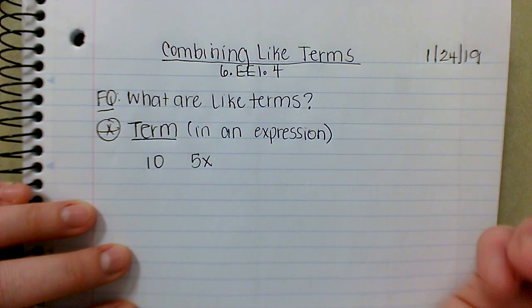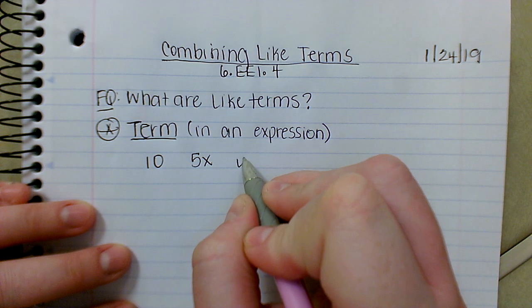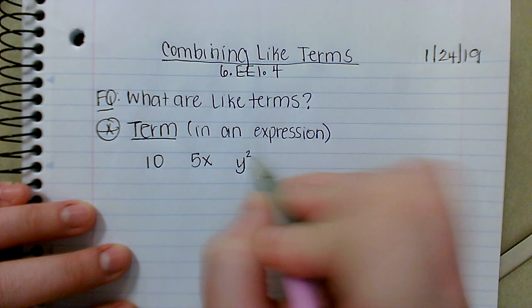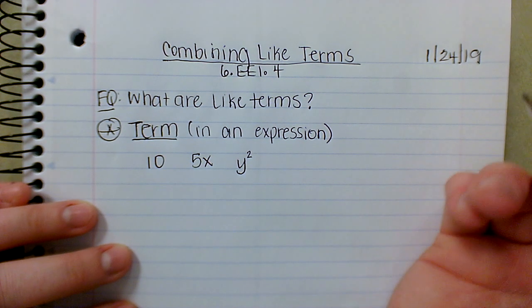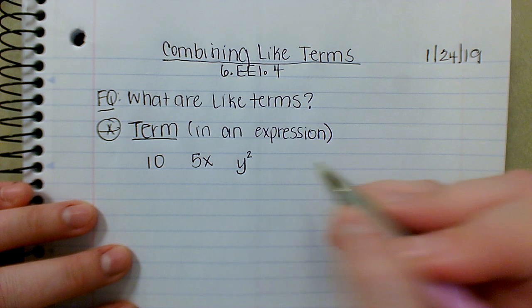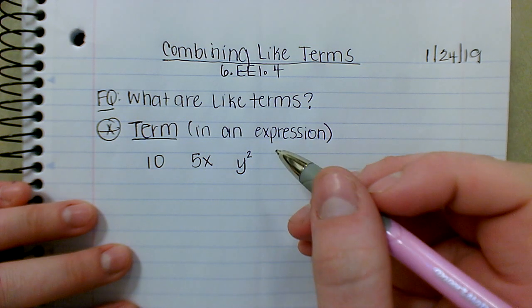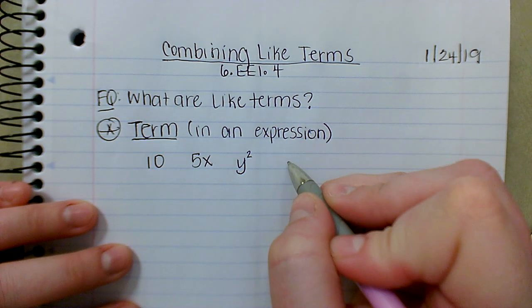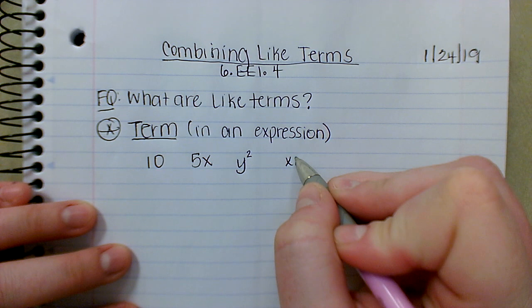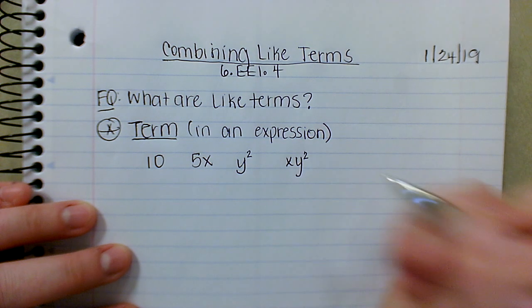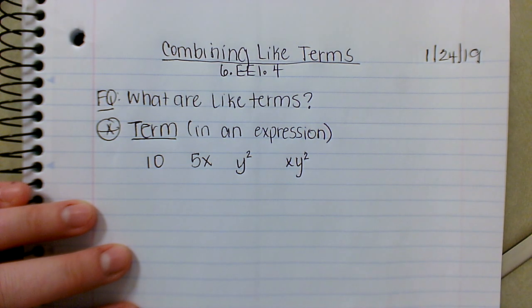Any more? You can also have like y squared. Or you can also have multiple variables that are multiplied together, such as x times y squared. Okay?